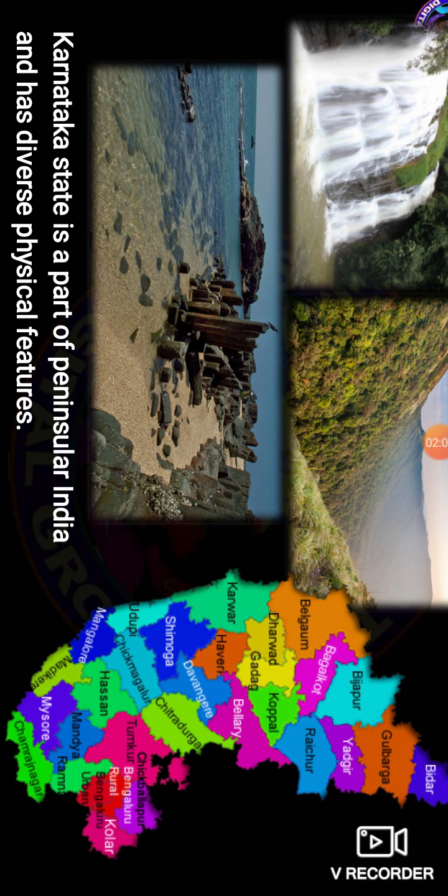The land slopes slightly towards the east and steeply towards the west. It is traversed by many widening valleys and gorges. Most areas of the state are 450 to 900 meters above the sea level.